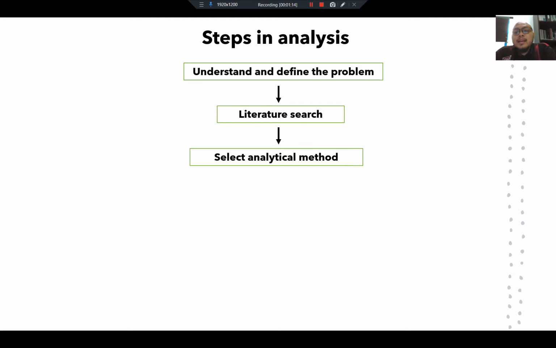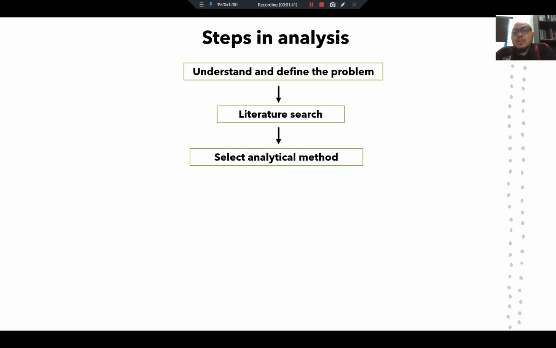Then after you have performed the literature search, you compare several procedures, then you select the best one. You select the best analytical method that you can perform in your laboratory. Sometimes you don't have the GCMS, so you only have the GCFID, so you choose the best suitable method for GCFID.